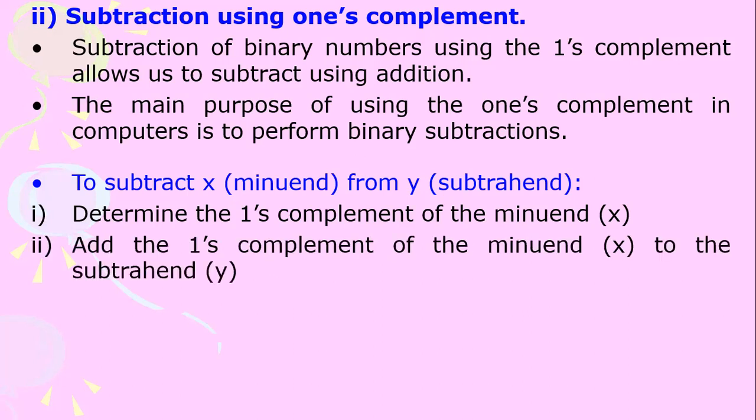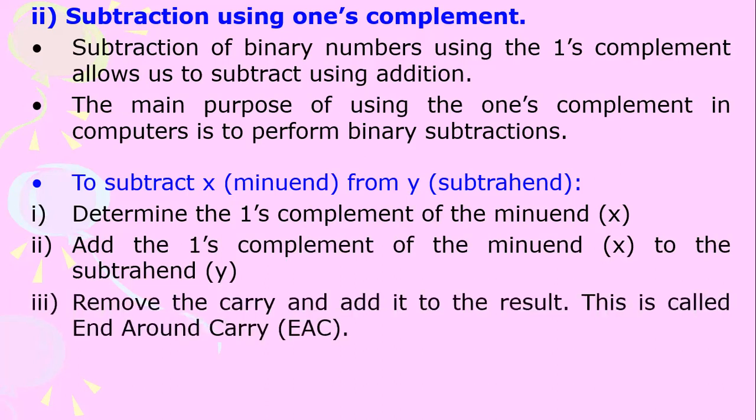Number 2, you add the 1's complement of the minuend to the subtrahend. In this case, my minuend is x and my subtrahend is y. Number 3, remove the carry and add it to the result. This is called end around carry, EAC.